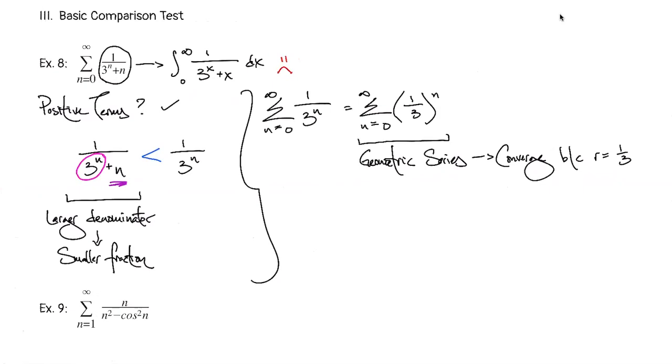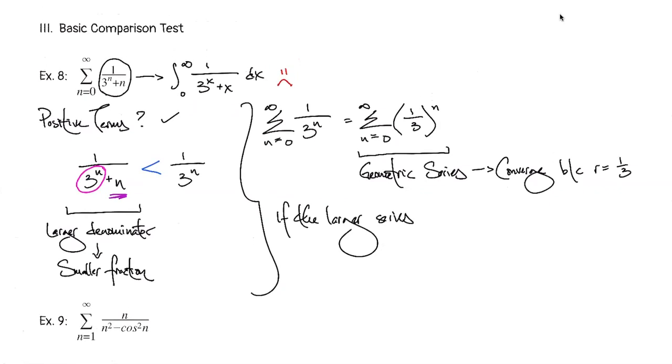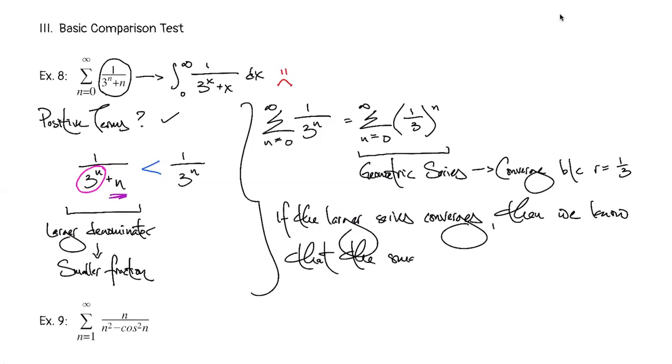So if the larger series converges, okay, if the larger series converges, then we know that the smaller series also converges.